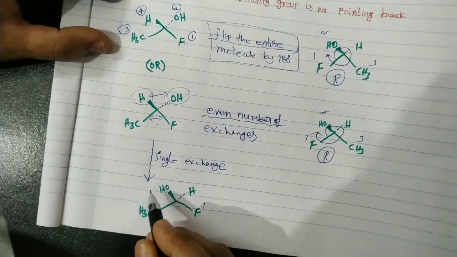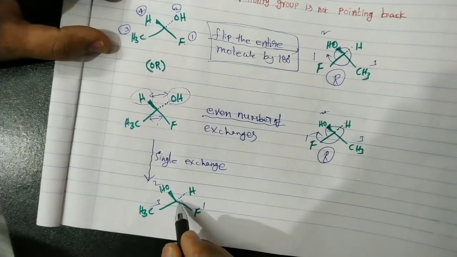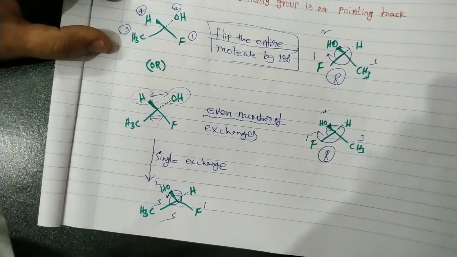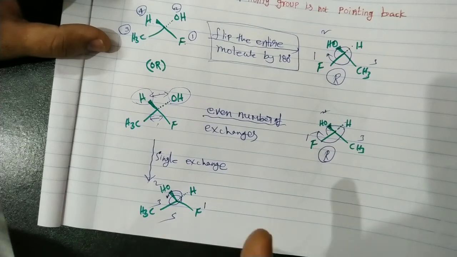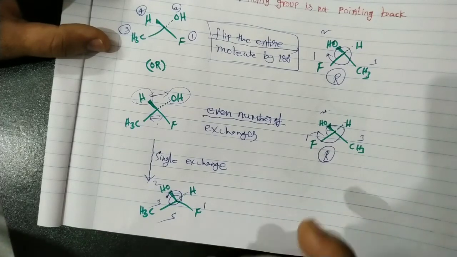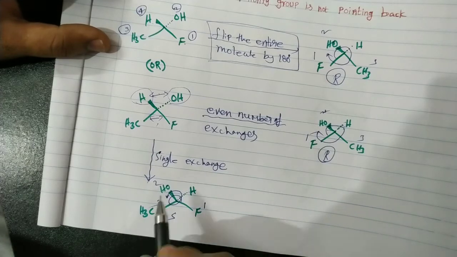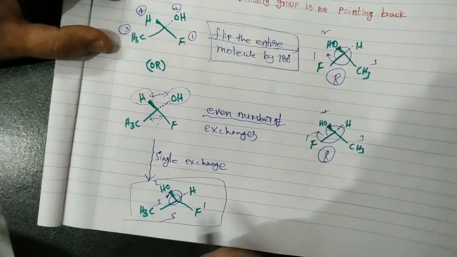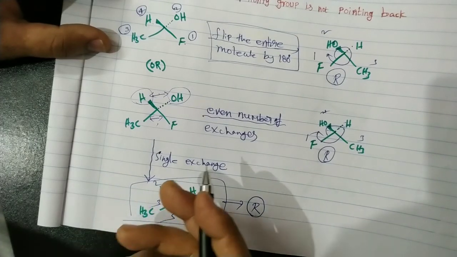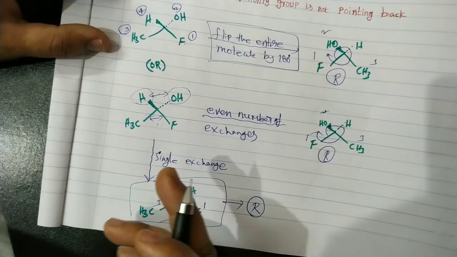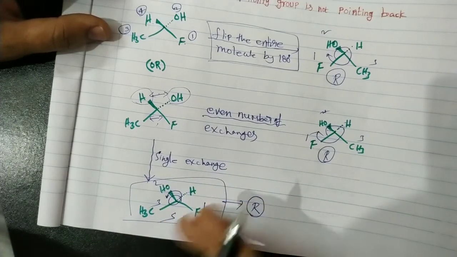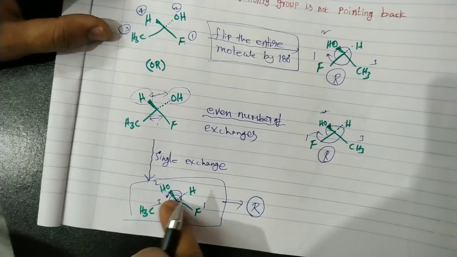So first priority, second priority, third priority is an anti-clockwise direction, S configuration. If you take a single exchange, that means an odd number of exchanges, you will get the reverse configuration. So to get the exact configuration, take the reverse. By one exchange also we can give the configuration, but we should take the opposite configuration.